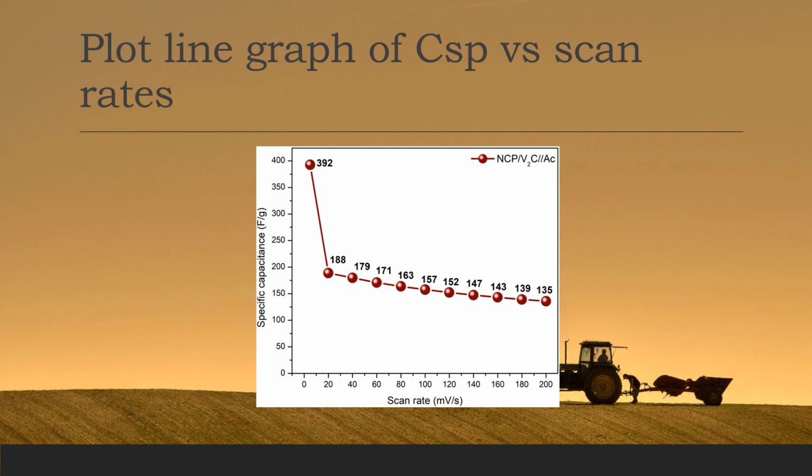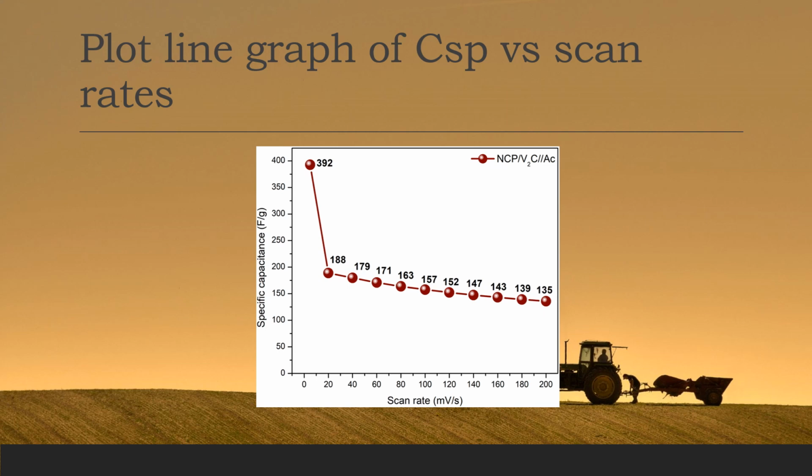In a simple way, it means that the electrolyte ions do not have enough time to travel, diffuse or permeate through the surface and also the bulk of the electrode.